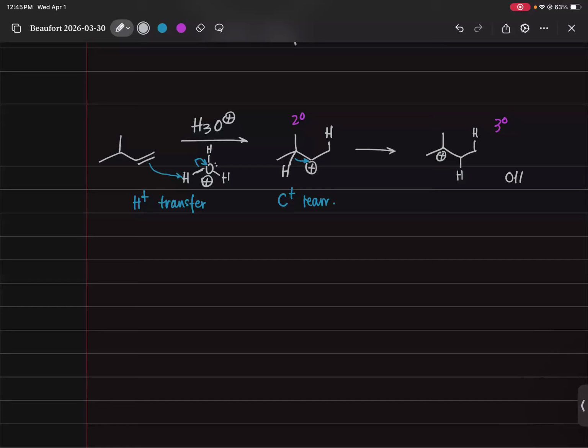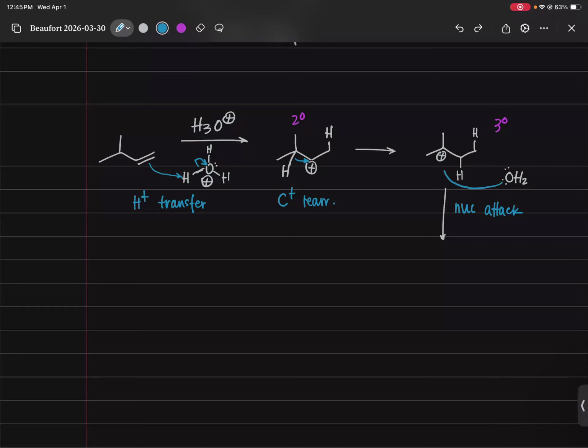We can have nucleophilic attack. And the nucleophile, instead of being OH, is going to be OH2, so water. And this is the water molecule that was formed when that H2O group left during the proton transfer.